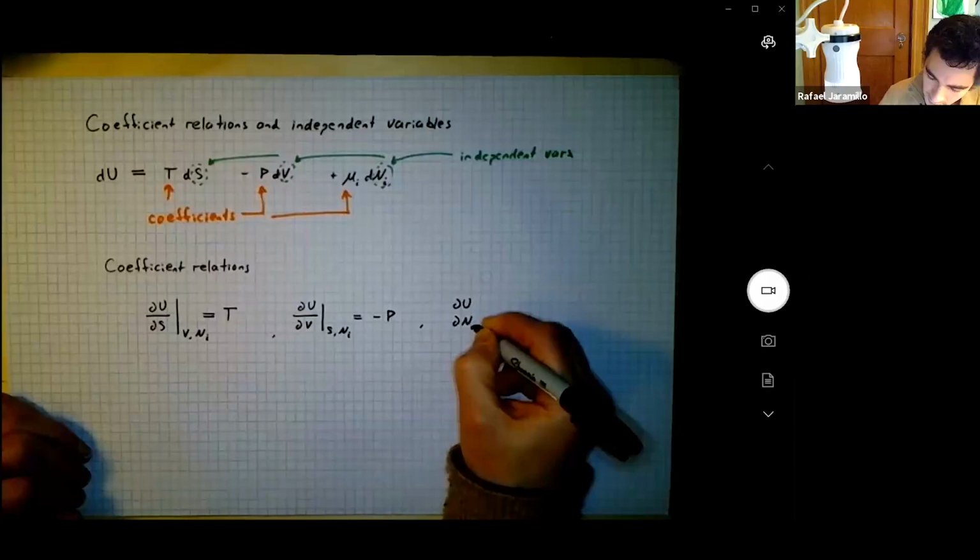So these are coefficients. They're called coefficient relations. A lot of problem solving in thermo comes down to calculating these coefficients.